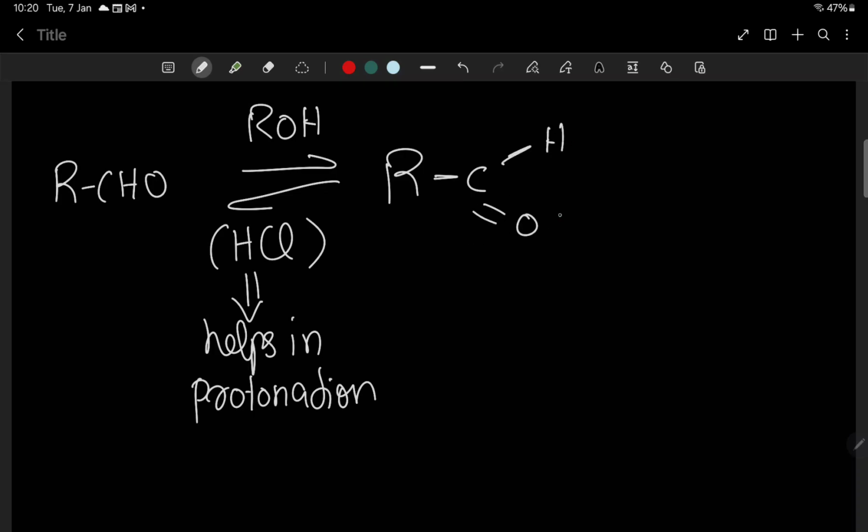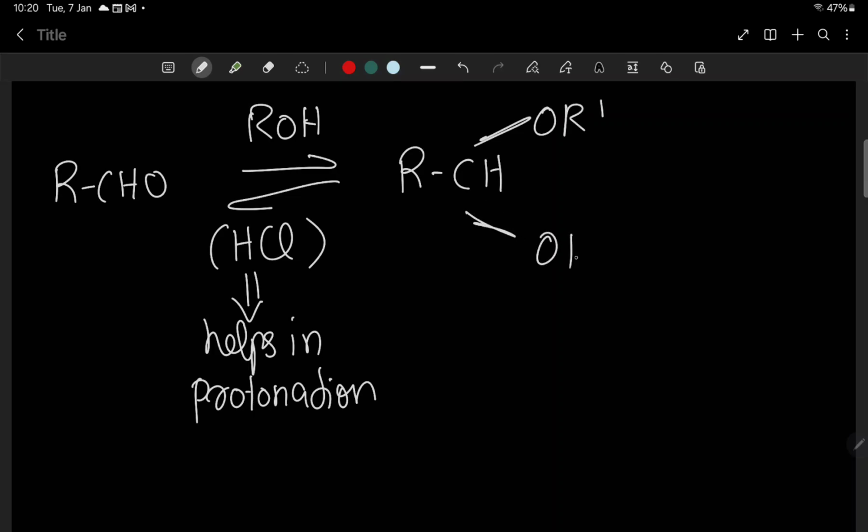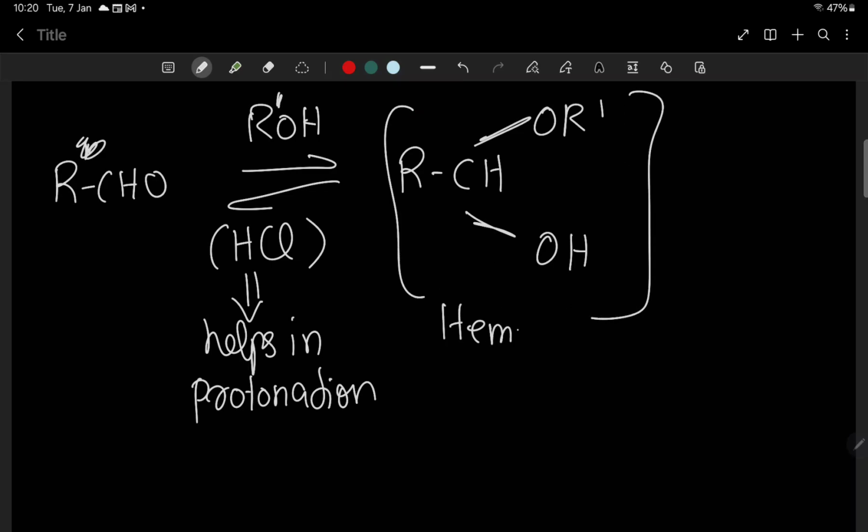After this reaction, R, CH is there, and O will be splitting: one will become OR dash and the other one will become OR dash, with R dash from the alcohol. So we get this compound, called hemiacetal. This is the intermediate here.